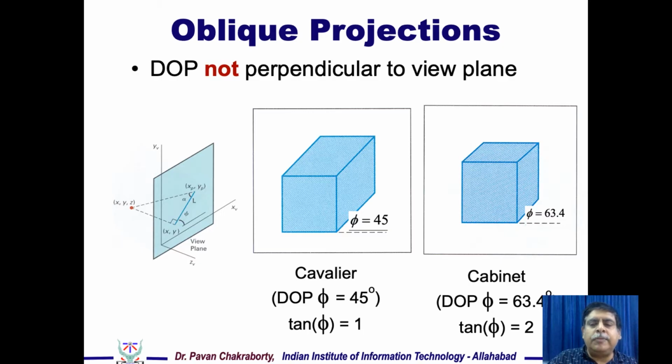On the other hand, cabinet projection is for an angle of approximately 63.4 degrees, which amounts to tan phi equal to 2. So these are two standard methods of projections. One could choose any other angle of choice and do projections with them.